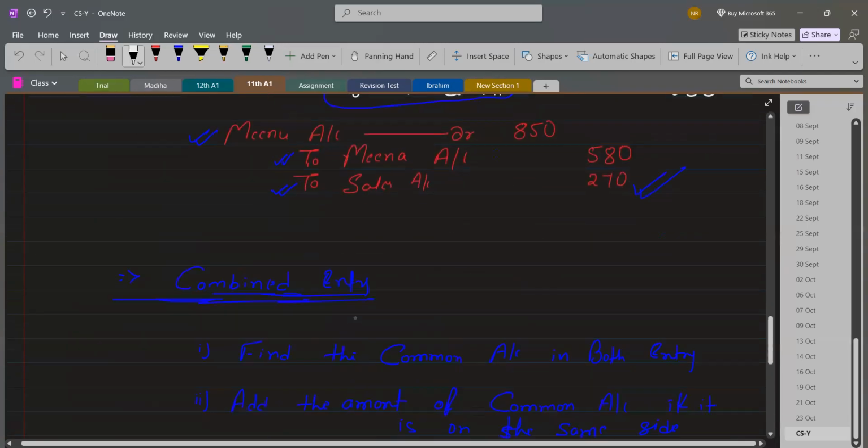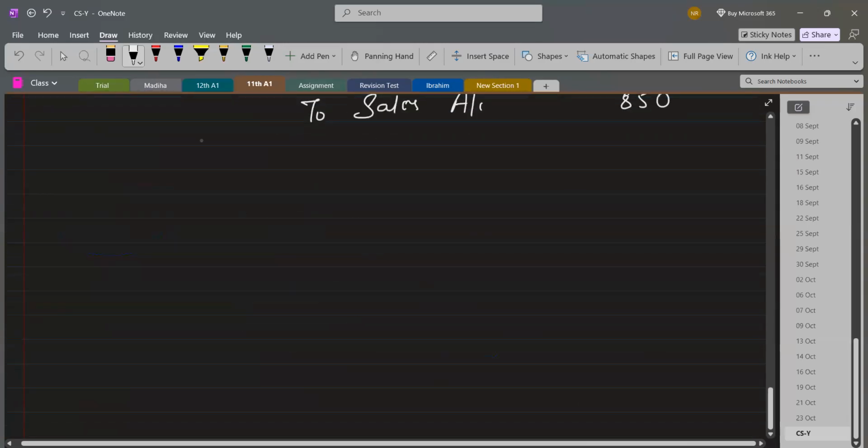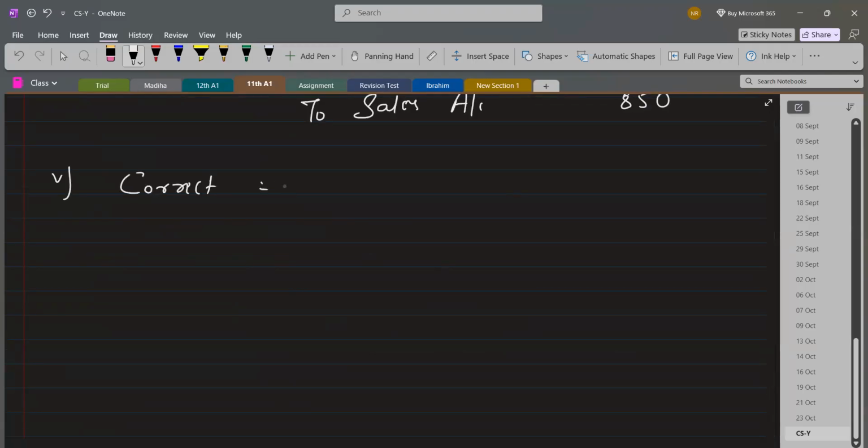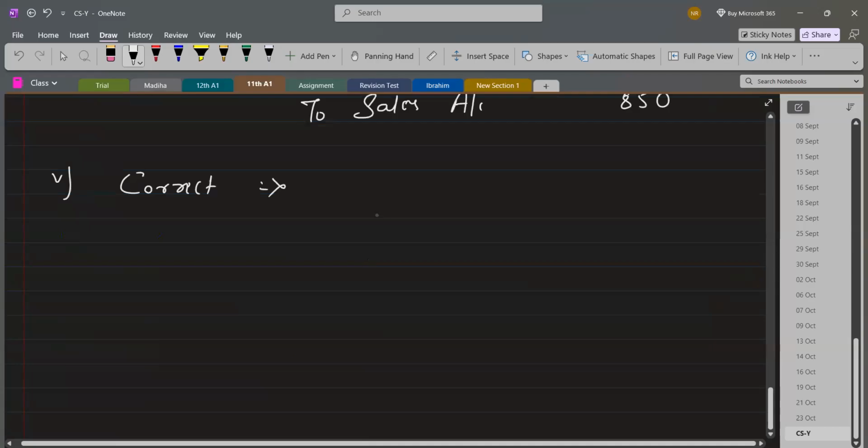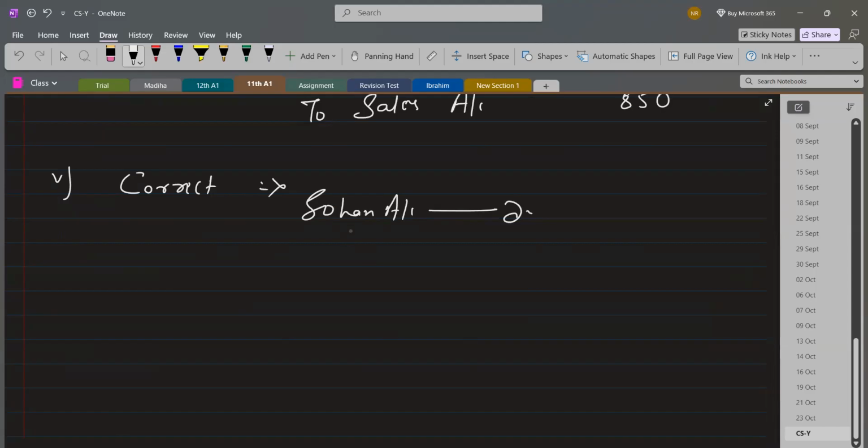Now, the fifth one is sale of old machine. For this, the correct entry will be credit sale of old machine: Sohan account debit to old machinery account. It will not be written as sales, so to old machinery account, 1700. And it is recorded incorrectly in the sales book.